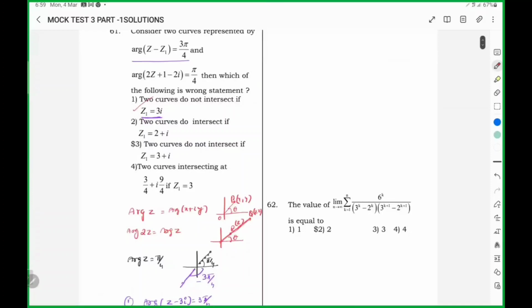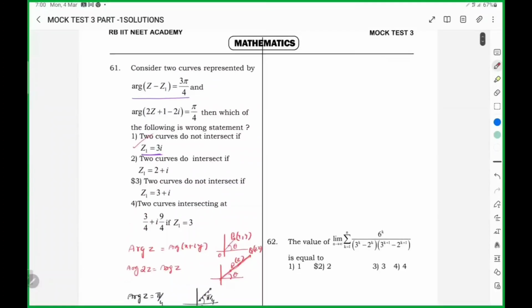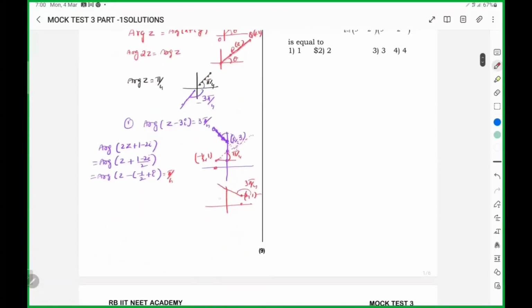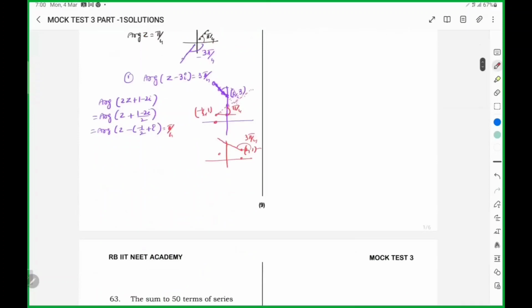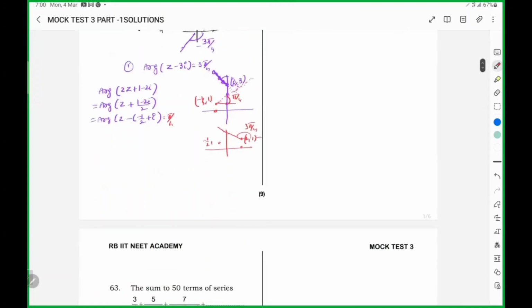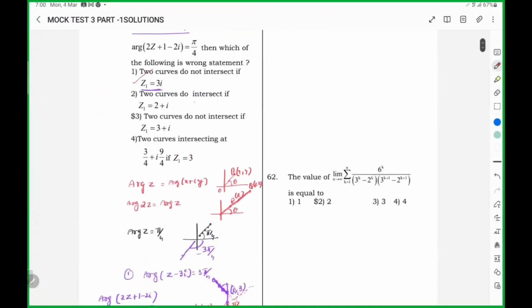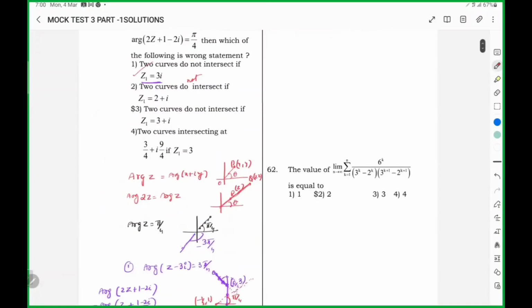And another we already know, here it is minus half comma 1. They intersect somewhere here. So it is better to say two curves do not intersect. Here intersection happens.